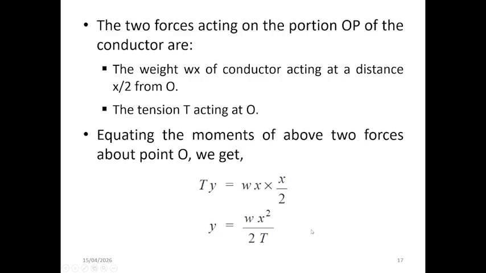This equation represents a parabolic curve, showing that under the assumption of a small sag, the shape of the conductor can be approximated as a parabola. This result is fundamental for calculating sag and understanding the mechanical behavior of overhead transmission lines.